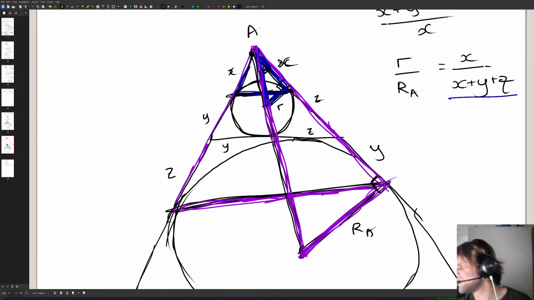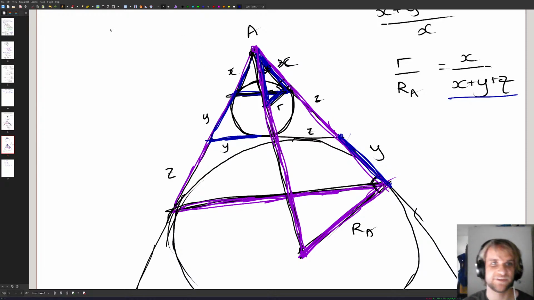But then to get this ratio, I also needed to know the other fact that most people don't know about incircles and excircles, and that's that the length of this line segment over here is equal to the length of this line segment over here. But oh well, now you know. So now you can also potentially answer a question in 2 minutes in the future.